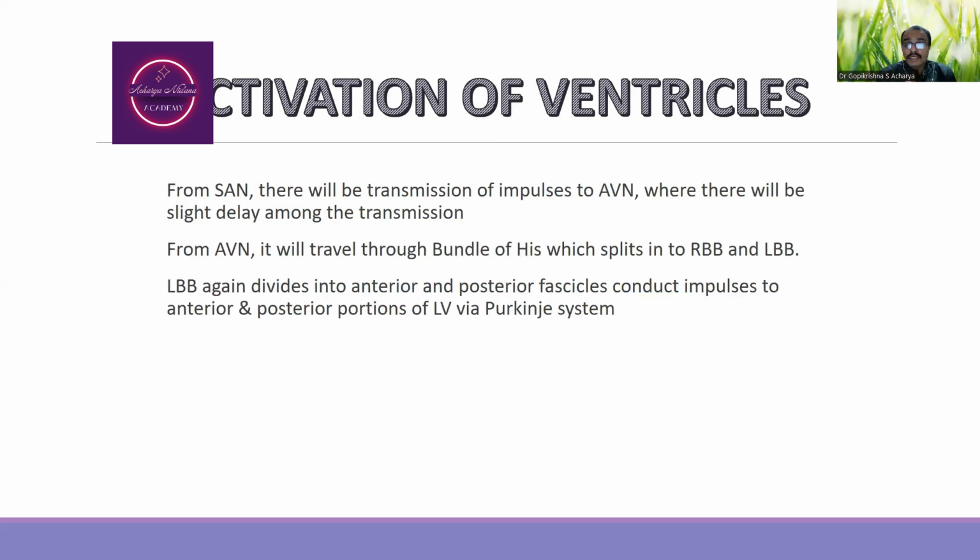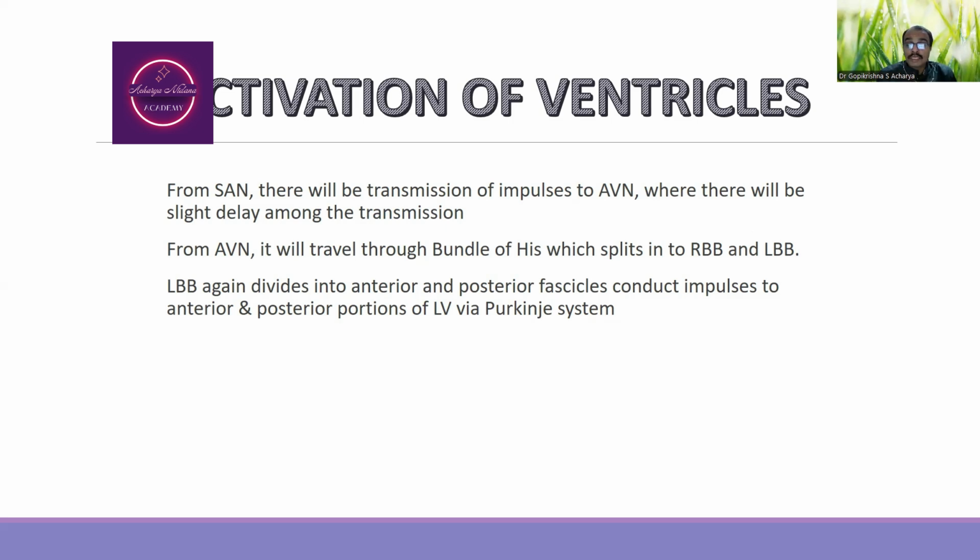Whereas as far as activation of the ventricles is concerned, from the sinoatrial node, as we have discussed, there will be transmission of impulses up to the atrioventricular node. This will be followed by a slight delay in the transition from the atrioventricular node. The activation of the myocardium happens in the bundle of His.